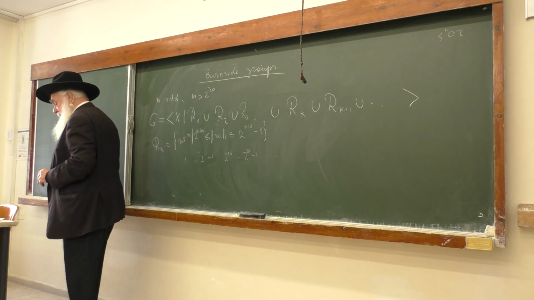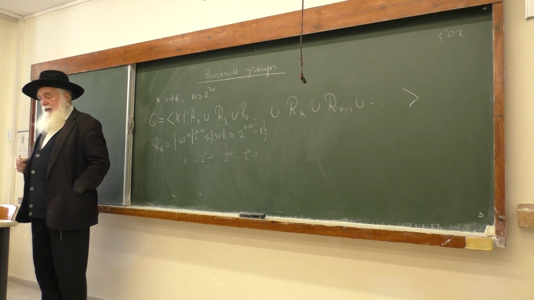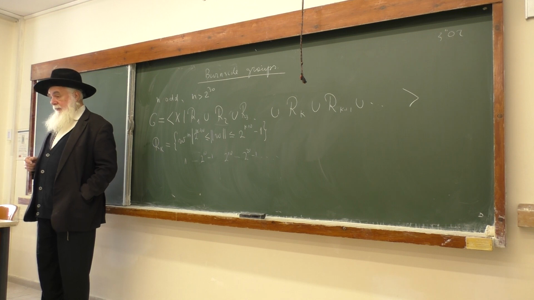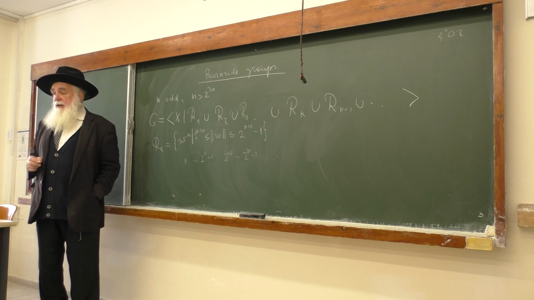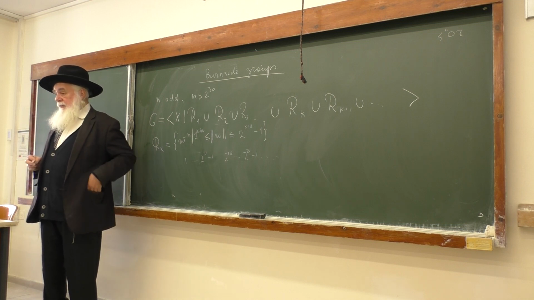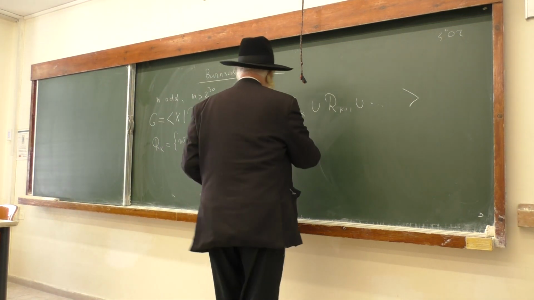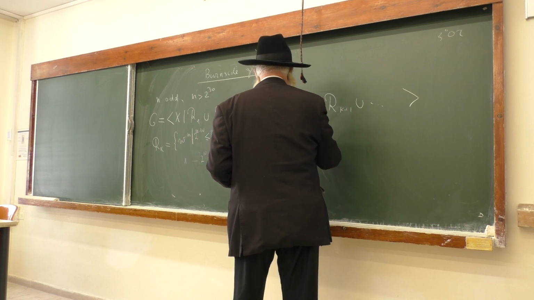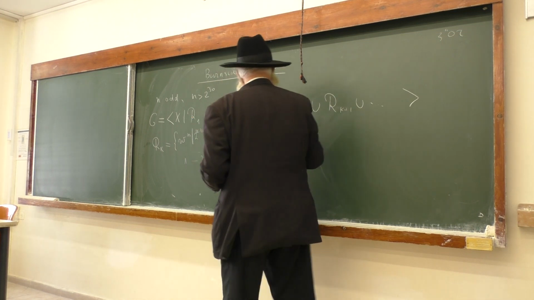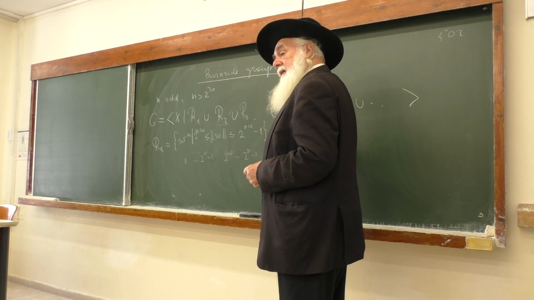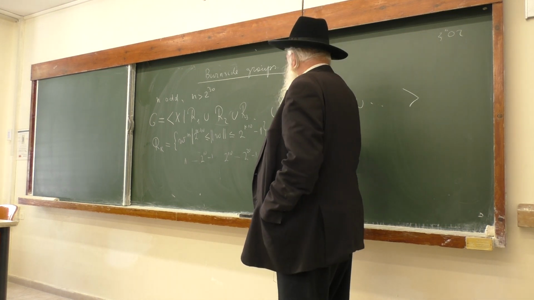Now, we will define the canonical form. The canonical form is defined by induction on rank. I mean that we look at the group GK, which includes the relators from R1 to RK, and then we look at all others as elements.